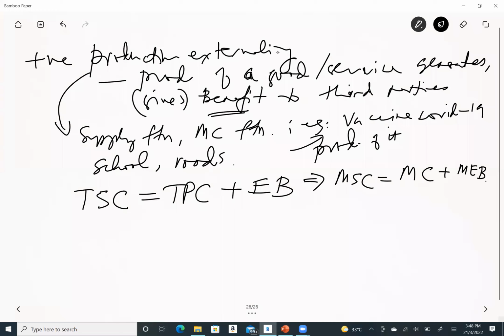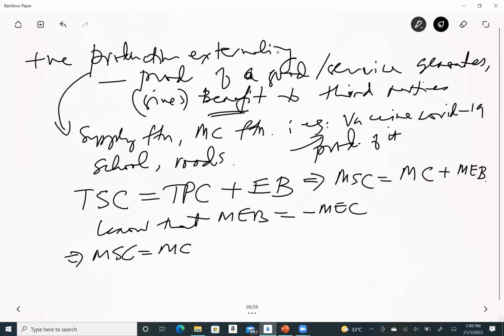But here we're talking about cost, so we use that relationship. You know that MEB is equal to negative MEC. Since the effect is on marginal cost, if you put it in terms of MEC, then you can see the relationship: MSC is equal to MC minus MEC.